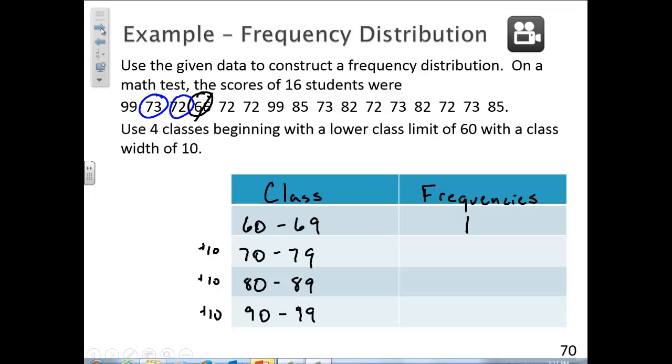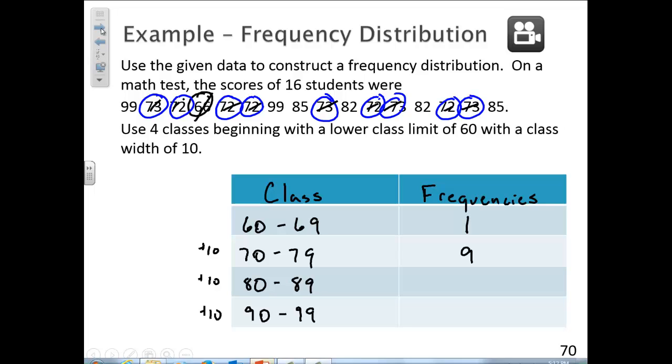So 1, 2, 3, 4, 5, 6, 7, 8, 9. So we have 9 data values that are between 70 and 79. So let's mark those out. We've used those.